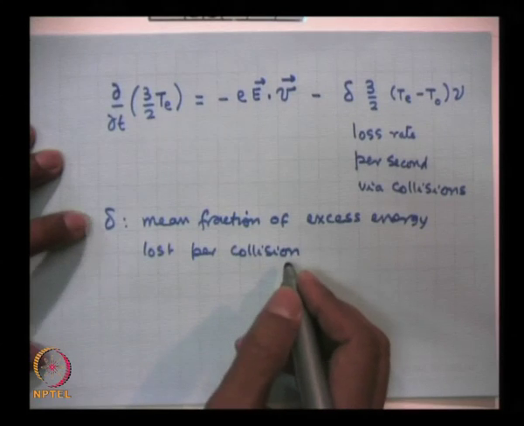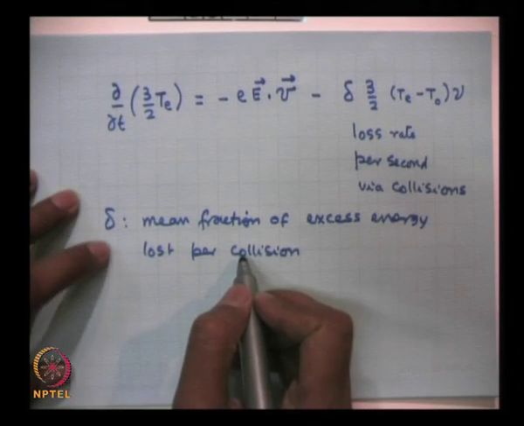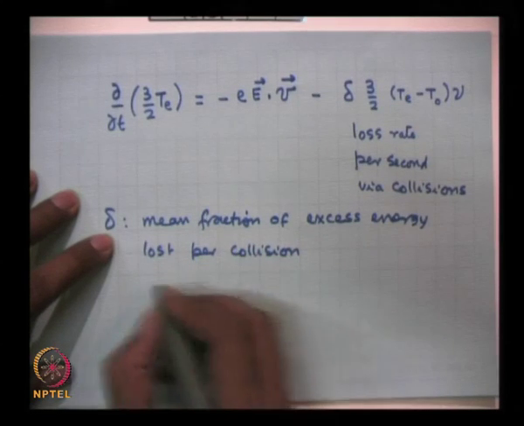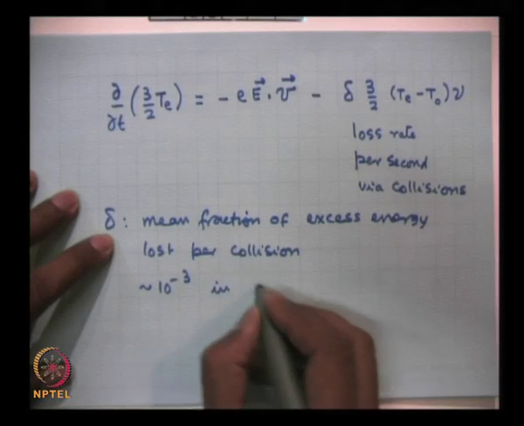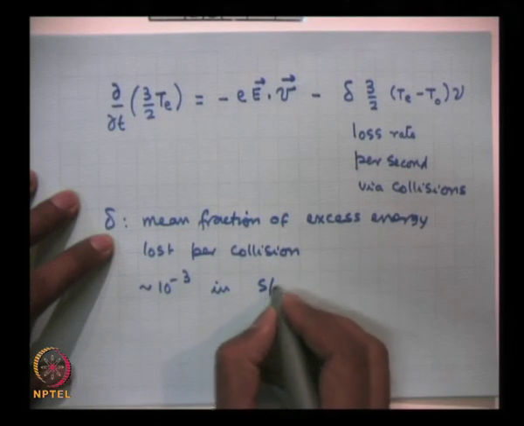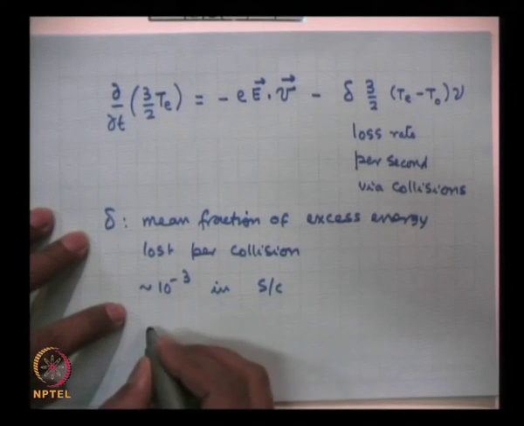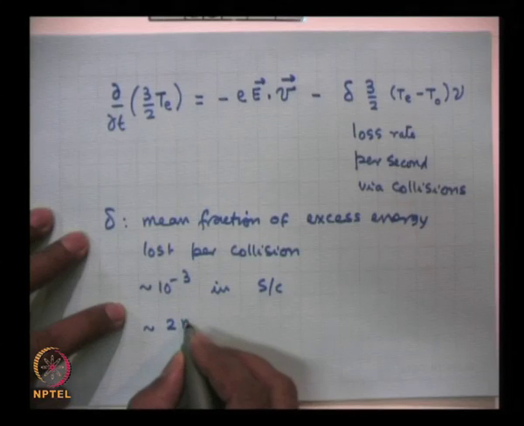In the case of semiconductors, the energy lost per collision is typically 10 to the minus 3 in solids. In the case of plasmas, if the collisions are elastic collisions, this is of the order of 2m upon mi.